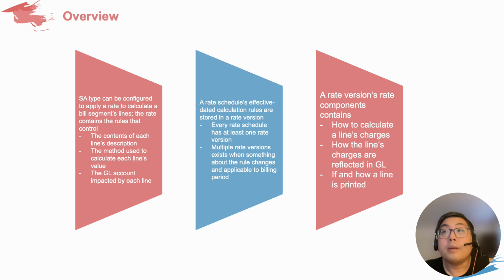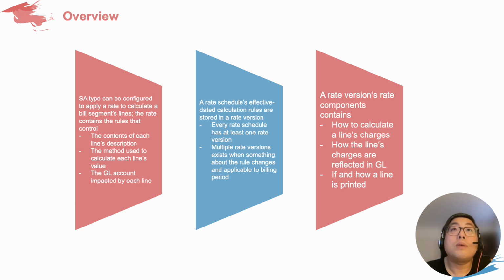the service agreement can be configured to apply rate, and the rates will basically calculate the bill segment lines. The rates contain the rules that control the content of each line's description, the method used to calculate each line's value, and also where the GL it distributes to.